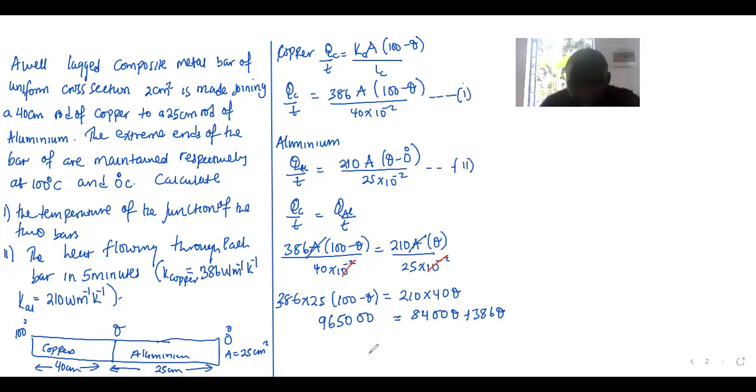So therefore, I'll have 8,786 theta is equal to 965,000 divided by 8786. What is the value of temperature theta at the junction?